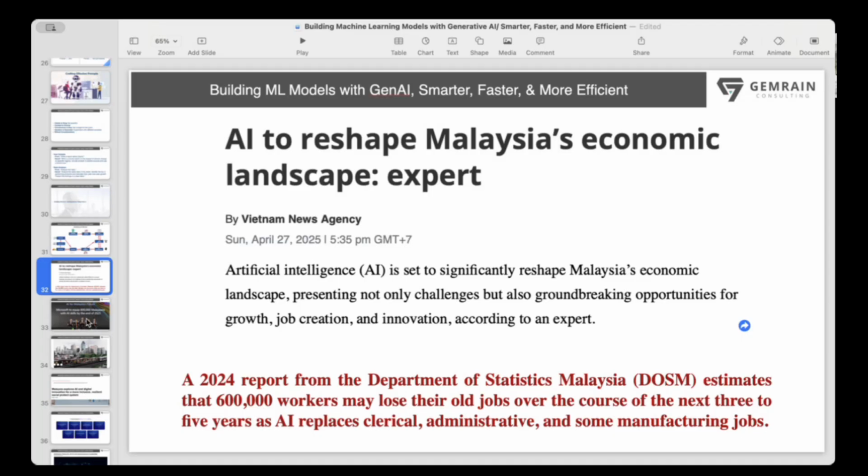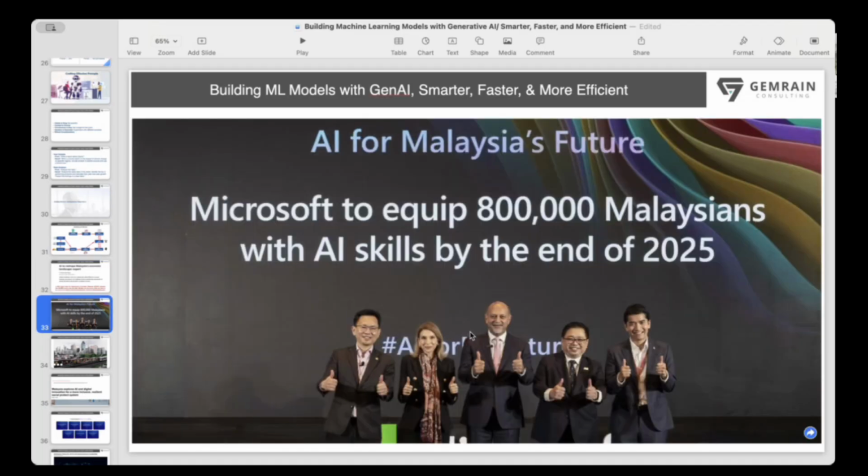But at the same time, only this year, Microsoft is to upskill 800,000 Malaysians with AI by the end of 2025. So you can see 600,000 people losing their jobs, but only this year, 800,000 people upskilling to use AI. So you can be one of them, you can upskill to use AI.